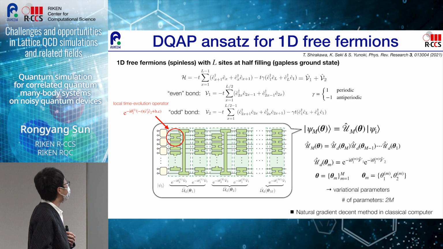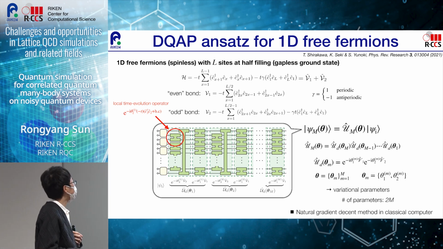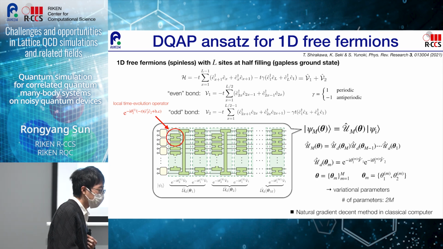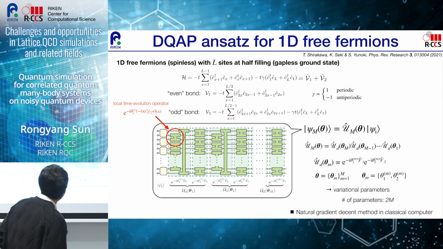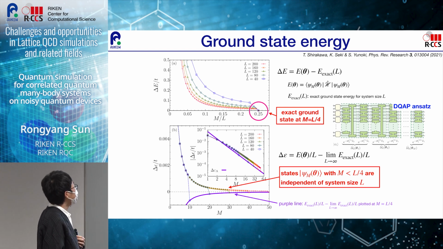We use the procedure I mentioned before to construct the DQAP ansatz, and the number of parameters in this ansatz equals double the depth. We found that no matter what the system size is, the exact ground state can always be achieved after the depth increases to system size over 4.